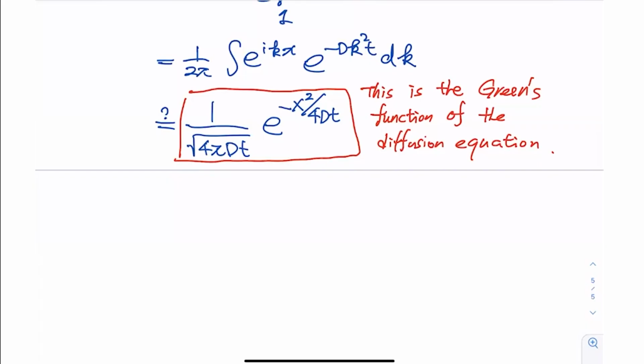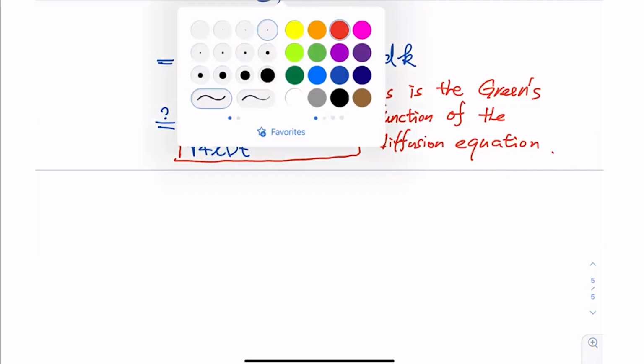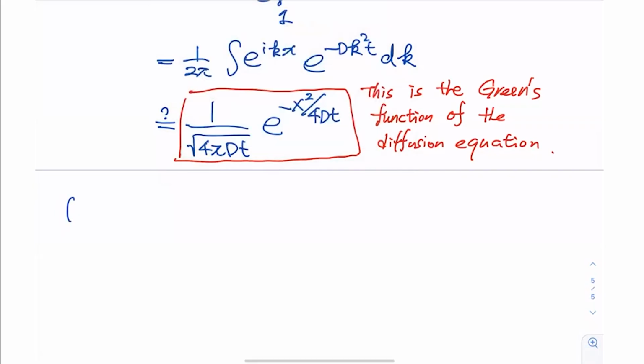Okay, so let's take a look at how this is going to help us understand the evolution of an arbitrary density profile.